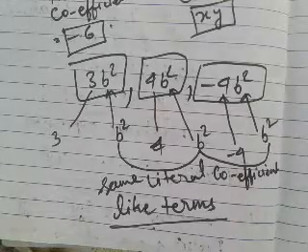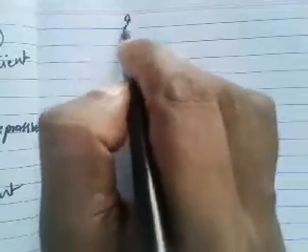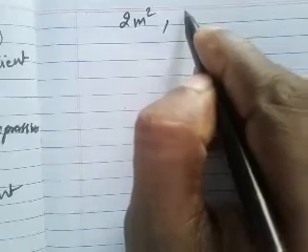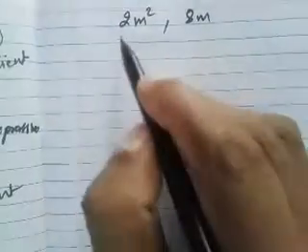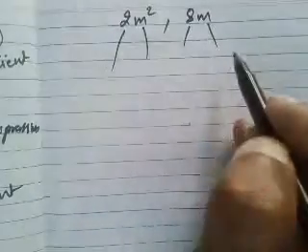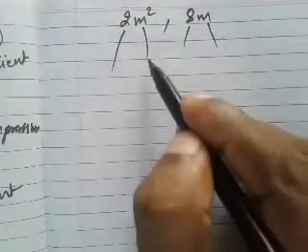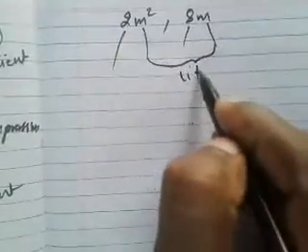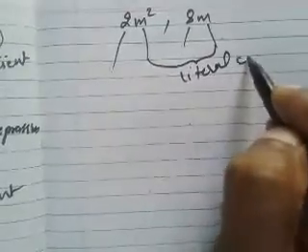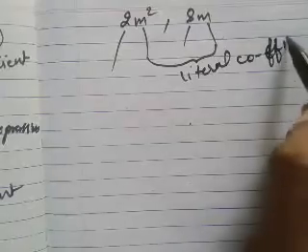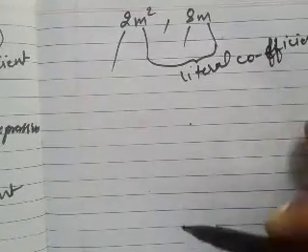For example, in the case of 2m square and 8m, this is the numerical coefficient, this is the literal coefficient, and we only consider the literal coefficient for deciding whether this is a like term or an unlike term.